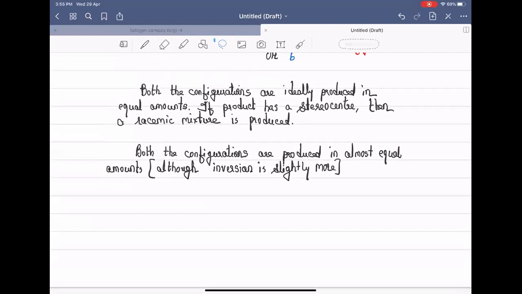But before that, I just want to show you a few other reactants which may also undergo SN1.